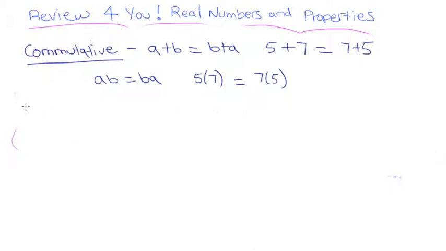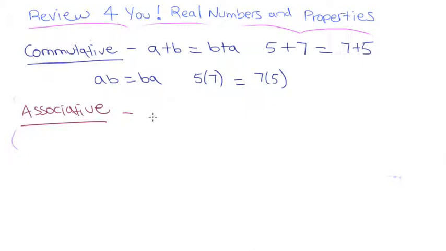The next property is the associative property. The associative property says that for a 3-number expression, it does not matter which two numbers you put the parentheses on, because the answer will still be the same.